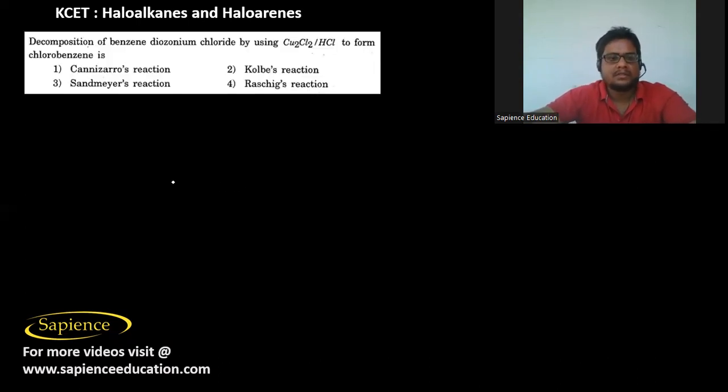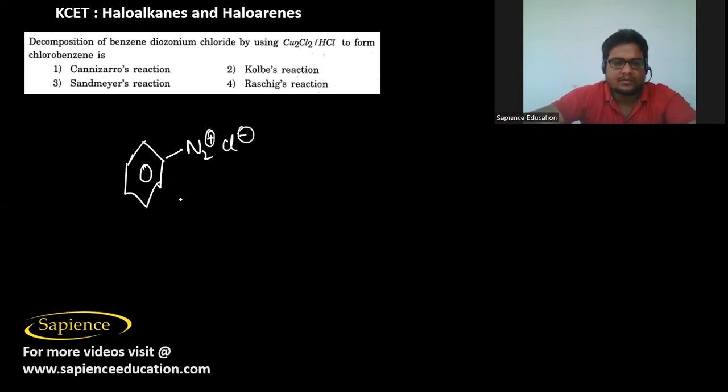Then here it is said, decomposition of benzene diazonium chloride, which is C6H5N2+Cl−. So its name is benzene diazonium chloride.